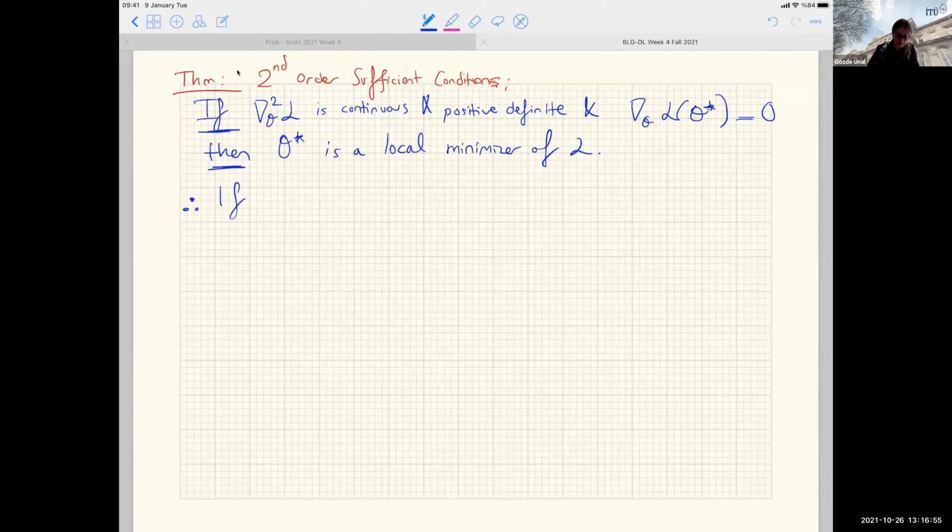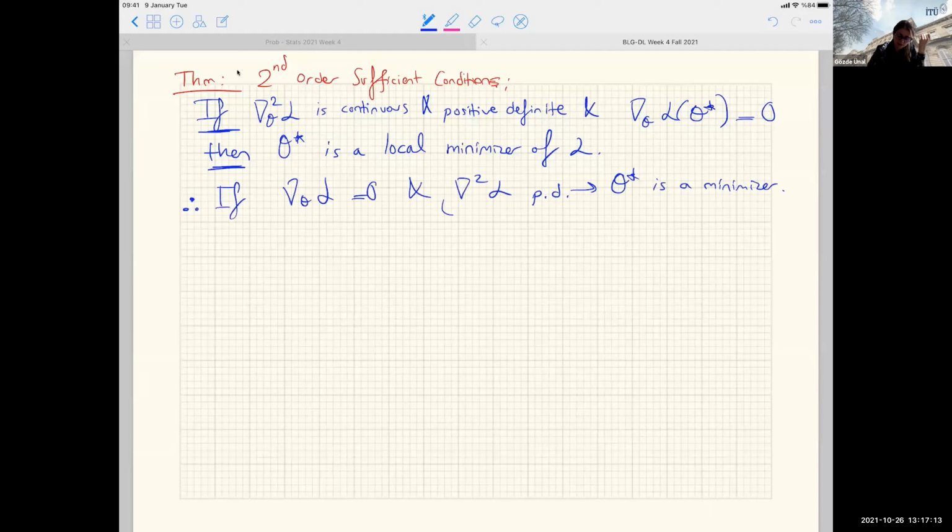We can now say if gradient theta L is 0 and we have a positive definite L, we know theta star is a minimizer.